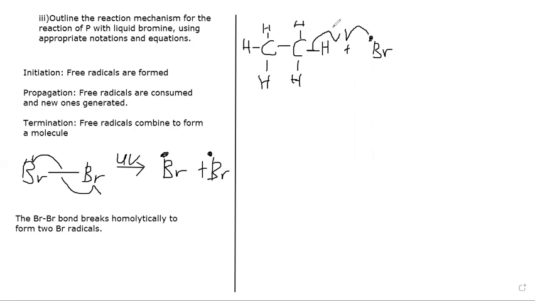These two fish hooks are pointing towards each other, which means the bromine and the hydrogen are forming a bond. And then the next electron from this bond will go to the carbon atom.